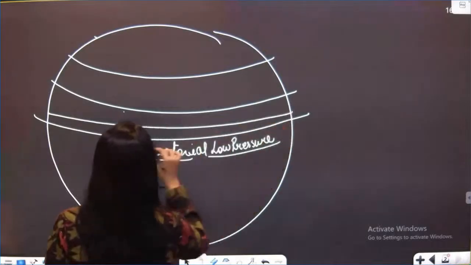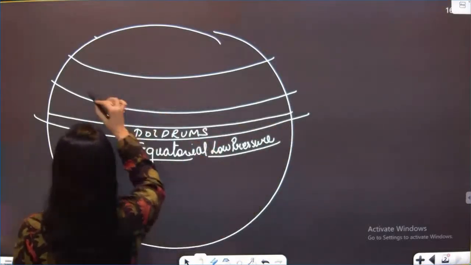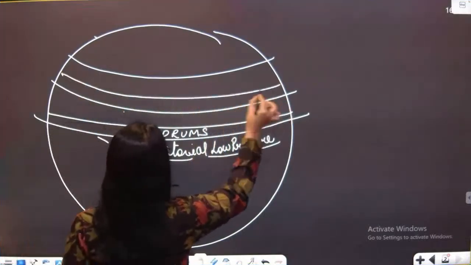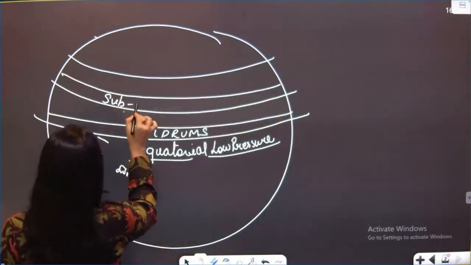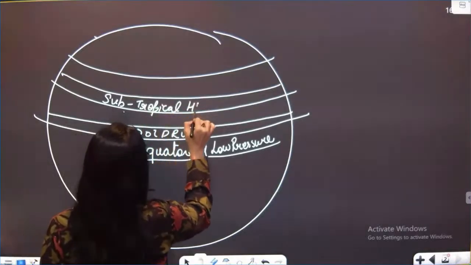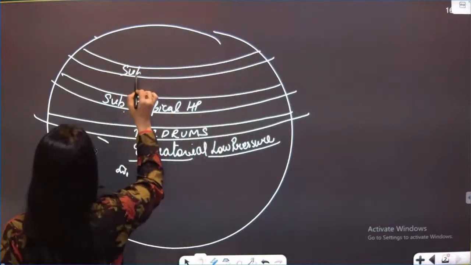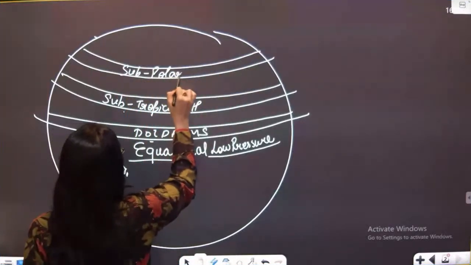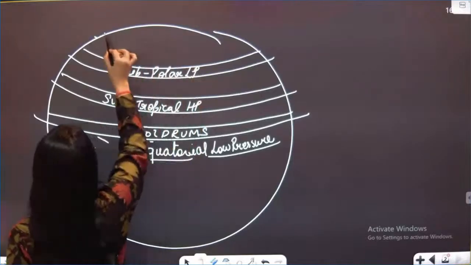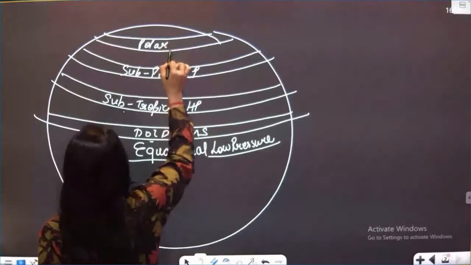Equatorial low pressure. This is the area of your doldrums. Next is your subtropical high pressure. This is your subpolar low pressure, and this is your polar high pressure.